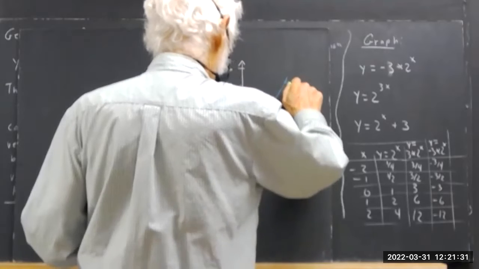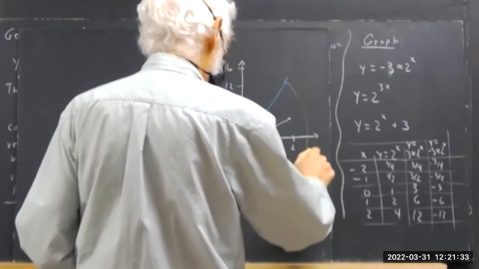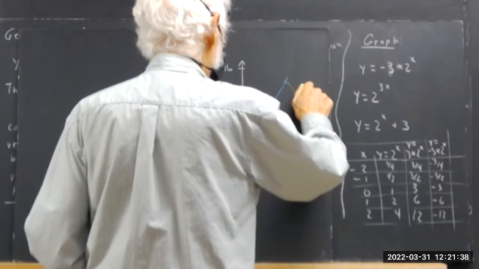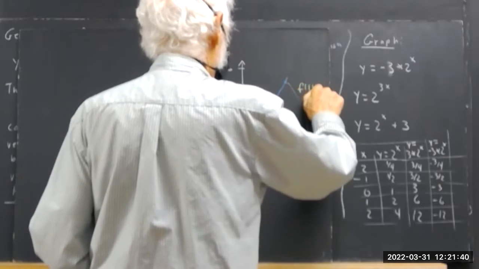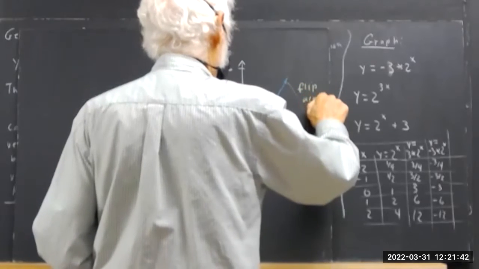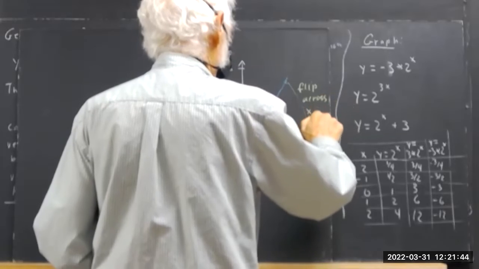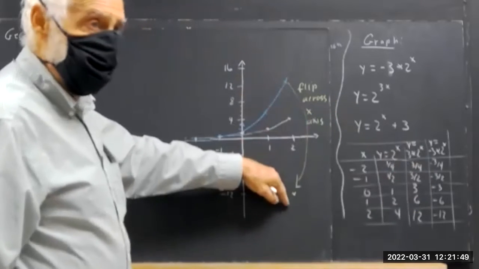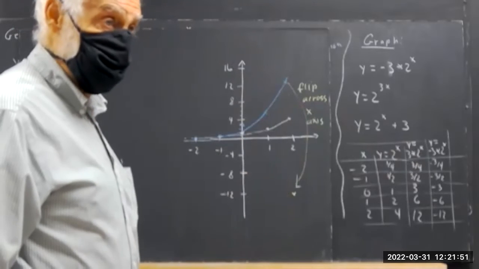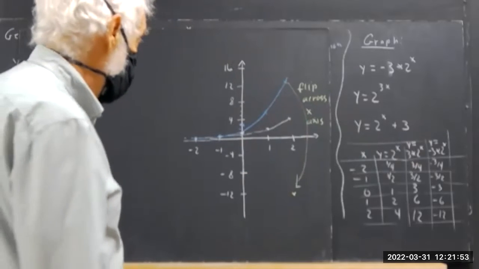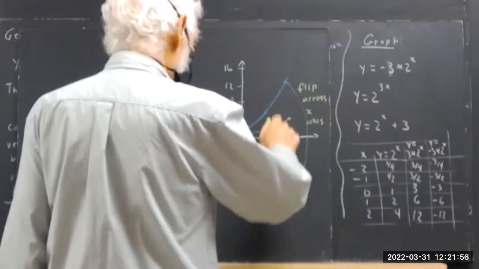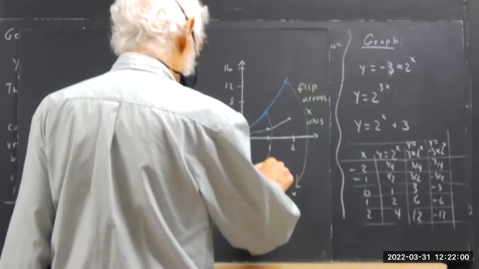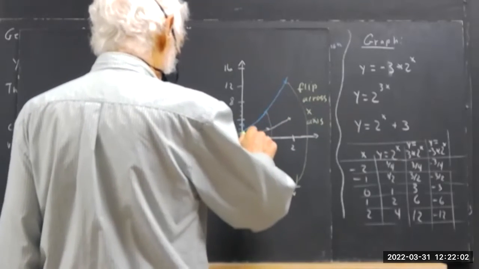When x is 2, y is now going to be -12. So what that did, you can see from the numbers, that flips this point on the other side of the x-axis. And it does the same thing for this point. Which will put it down about here.